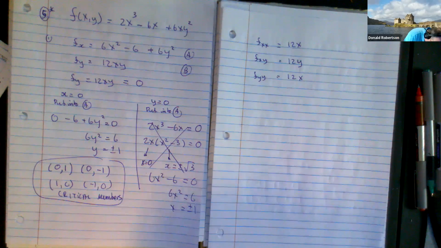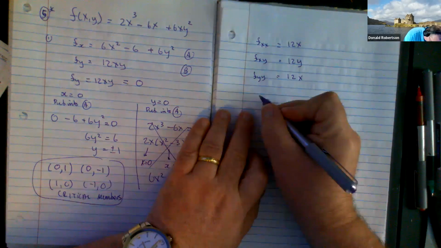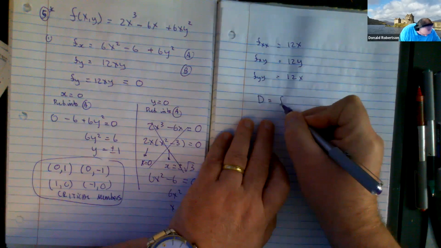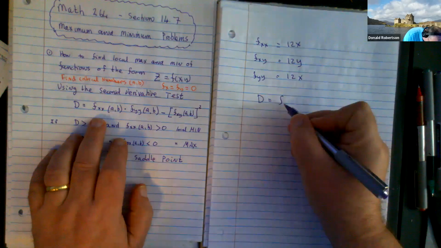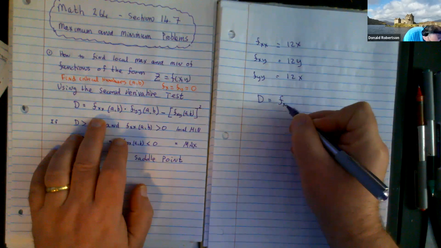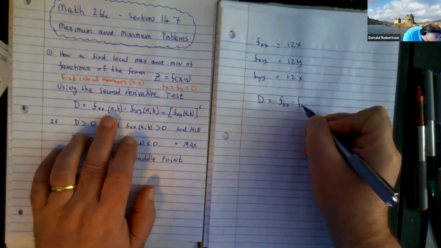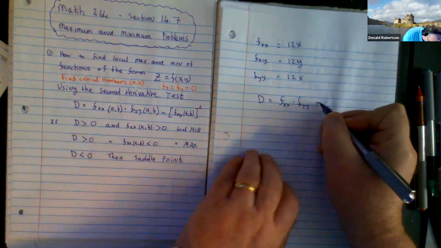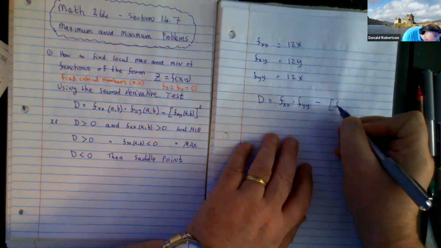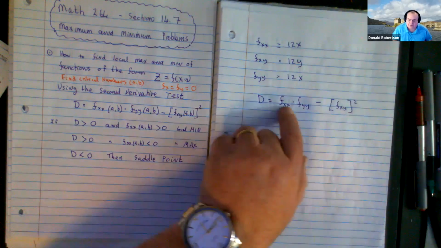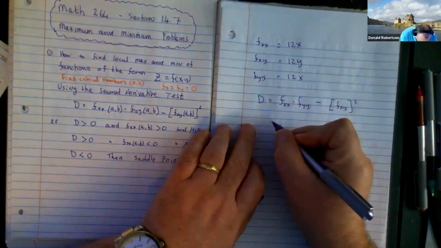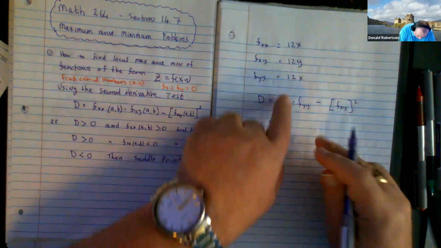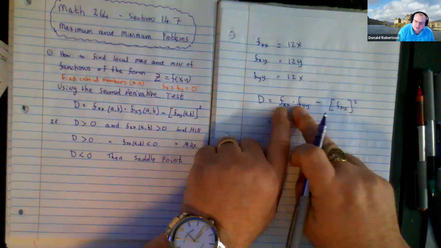Now, D has got a really, I don't know, messy formula. It's f of xx times f of yy, take away f of xy squared. I don't like putting the ABs in. I know that they have it in the textbook, but I don't like them because I want to just do this as a function of x because I think it's going to be easier later on.